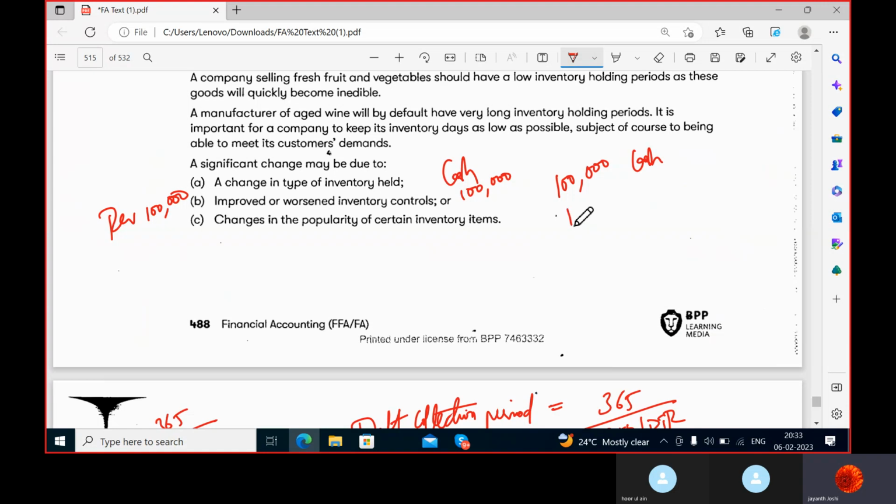Let's say I did a sale of $150,000 on credit basis. I will write the revenue of $150,000 as usual, so my entire revenue is $250,000. But whatever the credit sales I did, I'll write receivables in the balance sheet. Correct or wrong?